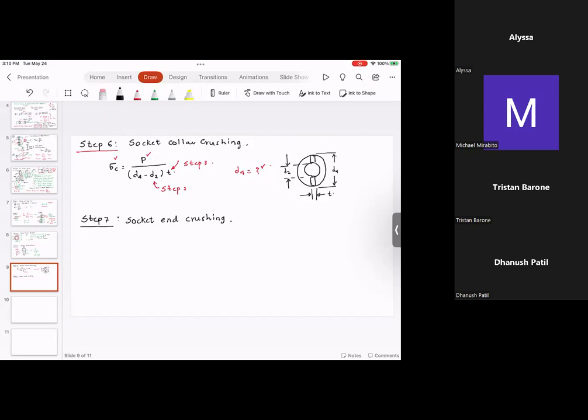Now socket end in shearing. Socket end in shear.